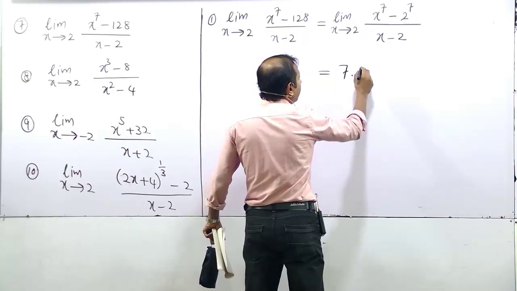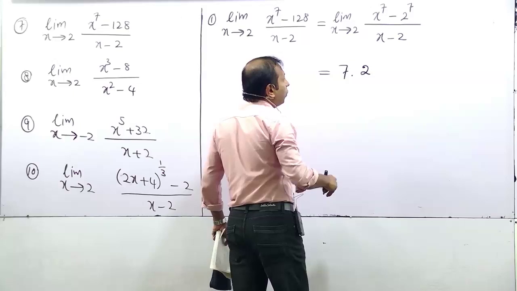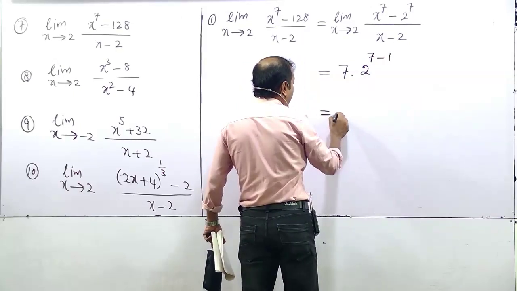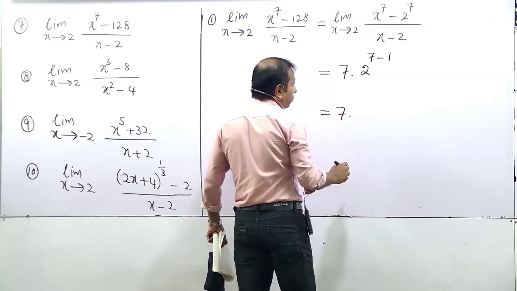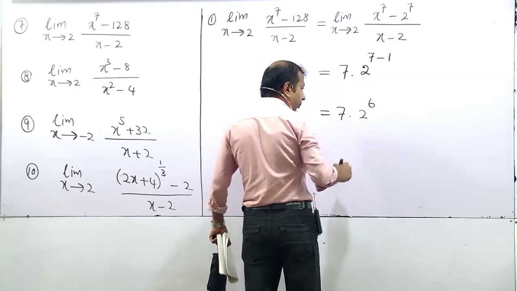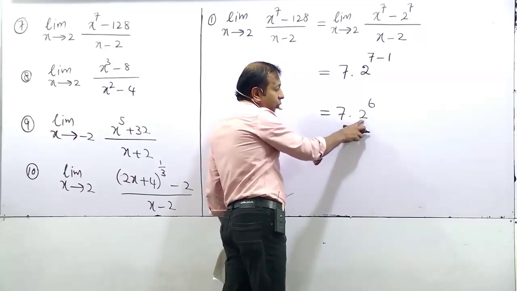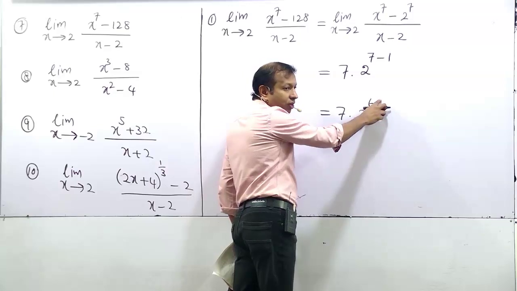7 into 2 to the power 7 minus 1, that is 7 into 2 to the power 6. Right. Then do we multiply like this, 7 and 2 multiplied and then take the 6th power?